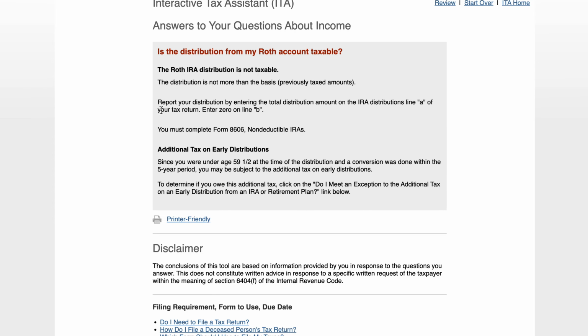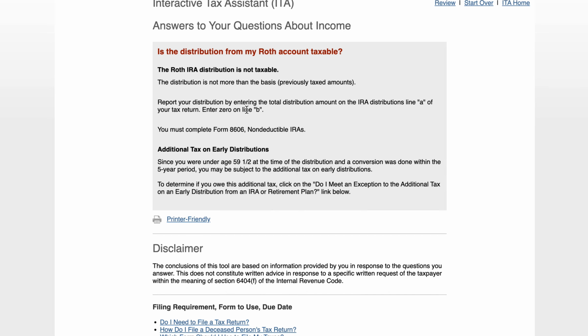One last thing, let's just pretend that we did do a Roth conversion. Oh wait, hold on. You did make a Roth conversion, but it's saying that this is not taxable. The Roth IRA distribution was not taxable. However, if you were under 59 and a half and a Roth conversion was done, you may be subject to additional tax on early distribution.